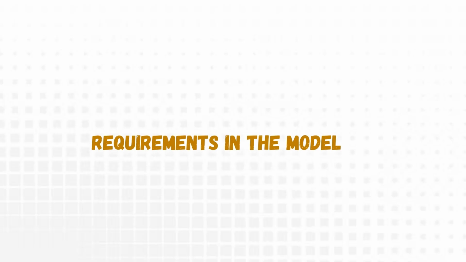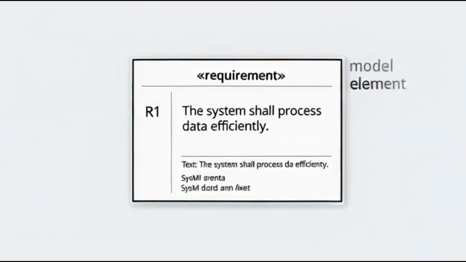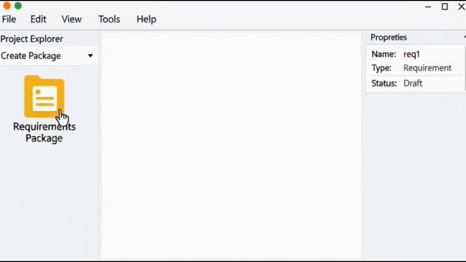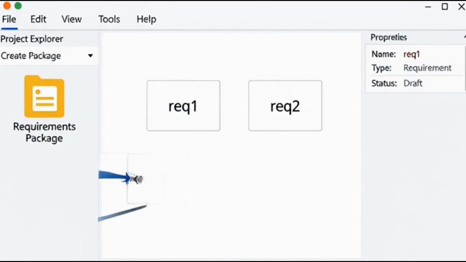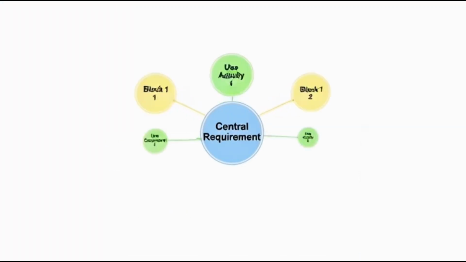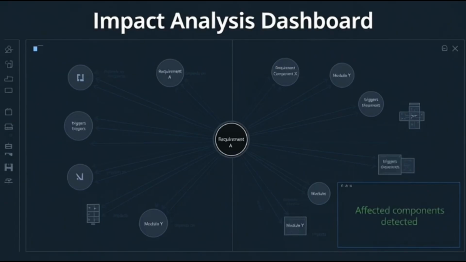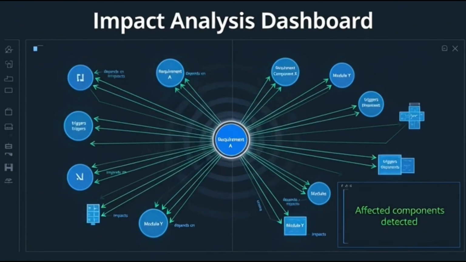Requirements in model-based systems engineering. Requirements aren't just text in a separate document. They become model elements. Create a requirements package or diagram in SysML. Link each requirement to use cases or activities for behavior, blocks or parts for structure, and test cases or verification activities.